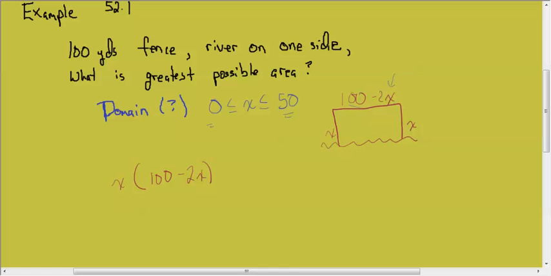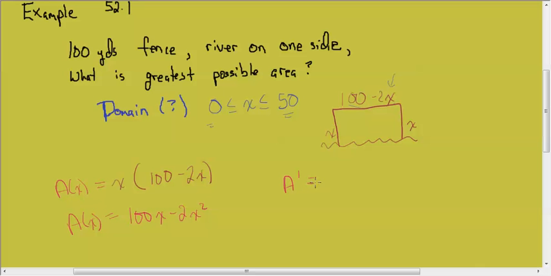All right, so this is my area. A of x is x times 100 minus 2x. Multiply that out. That's 100x minus 2x squared. So how do I find when the area is maximized? A function is maximized when the first derivative is 0, right?